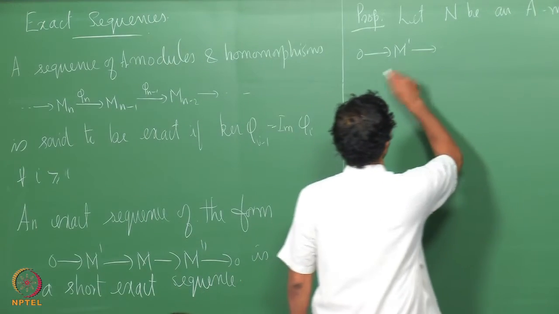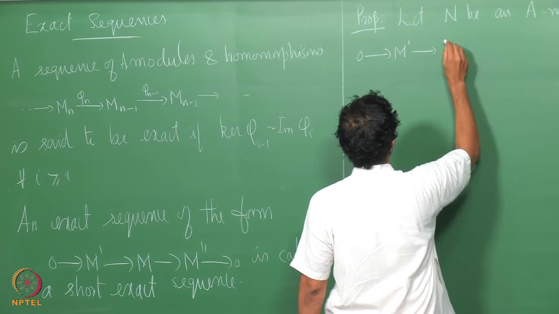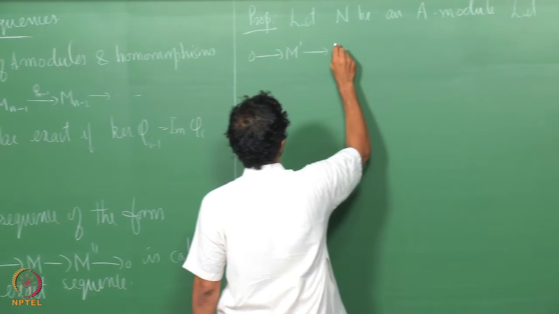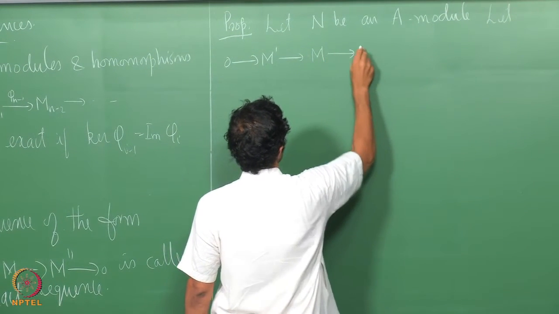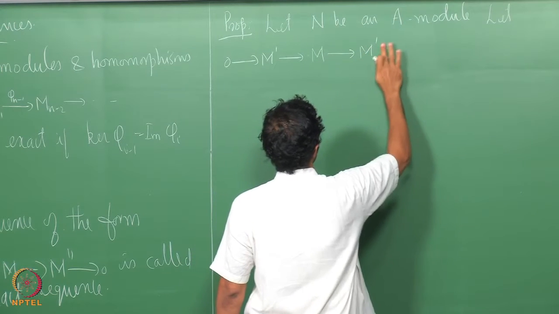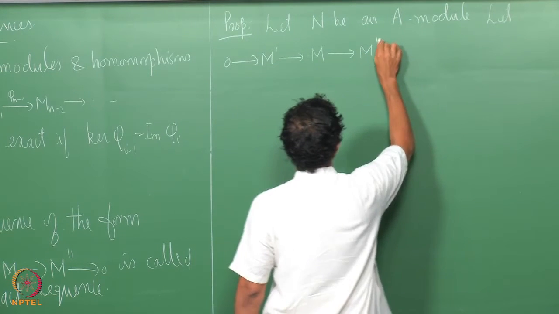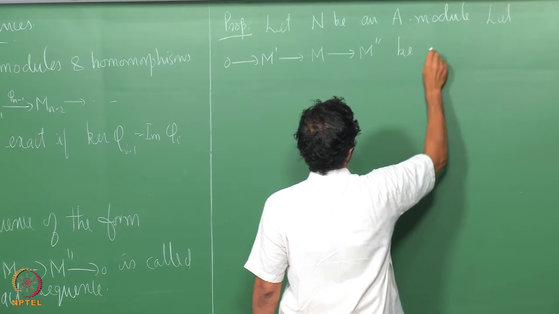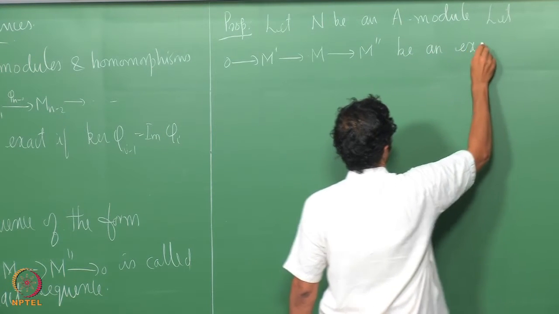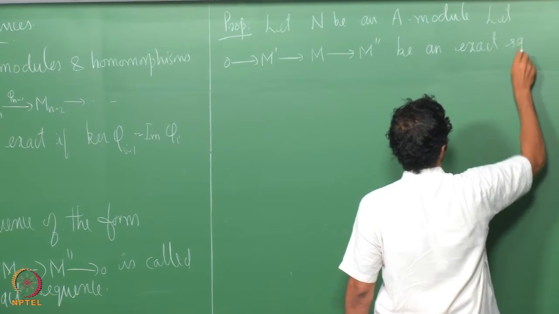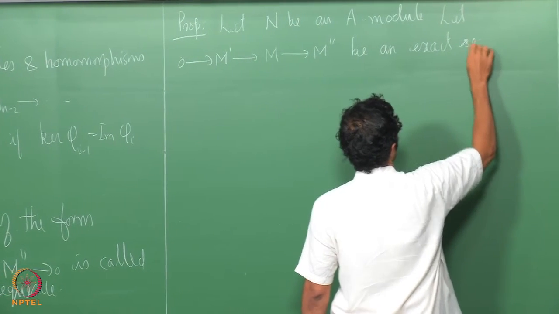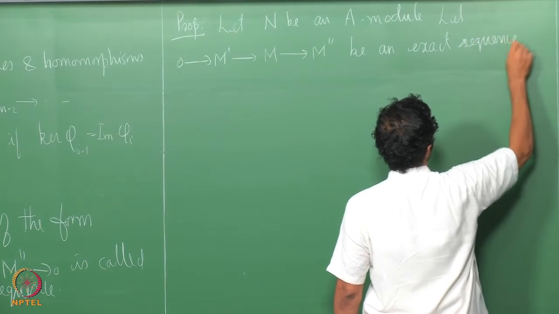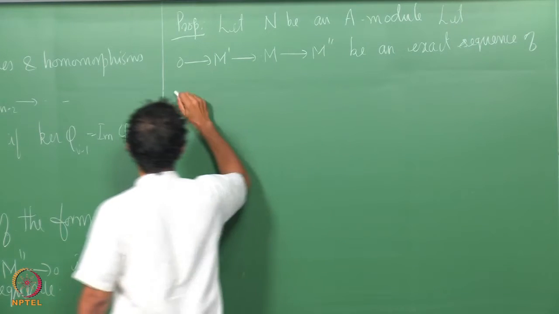Okay. So, let M prime to M to M double prime be an exact sequence of A modules.